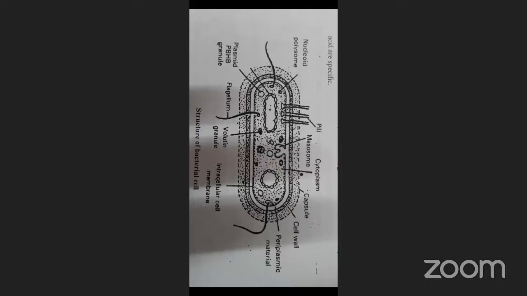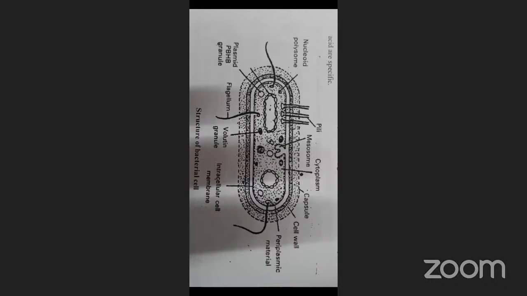Do you understand? Generally, bacteria lack chloroplast, but photosynthetic bacteria have it. What are examples of photosynthetic bacteria? Anabaena, Nostoc. These are the photosynthetic bacteria. Photosynthetic bacteria prepare their own food material.